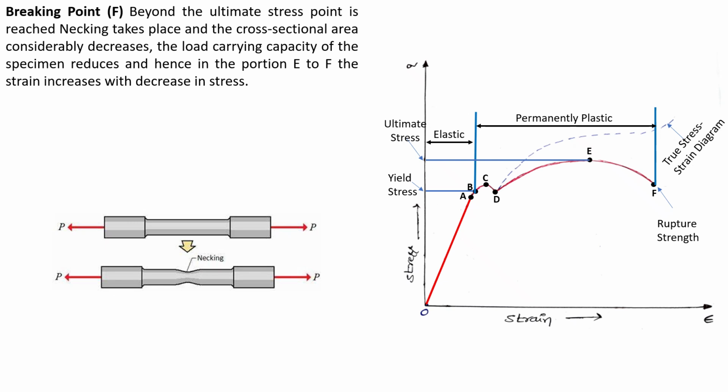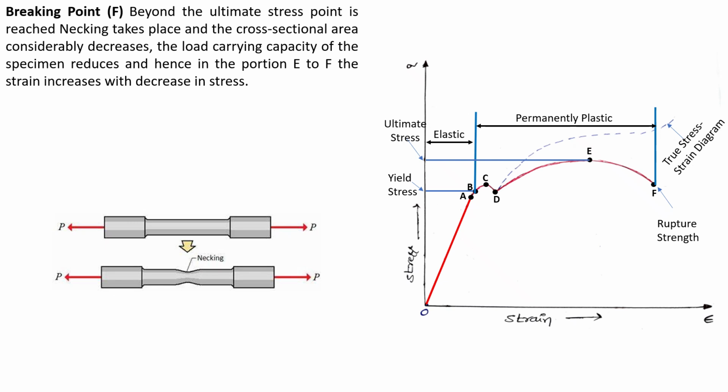Then the load carrying capability of the specimen is reduced, so obviously the strength is reduced. The stress value is decreasing, but the strain value is increasing. So large deformation is possible at a low level of load.